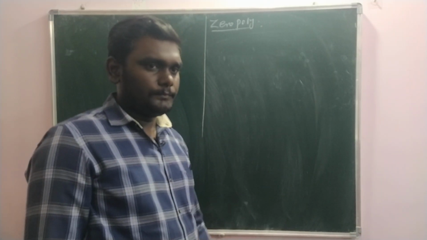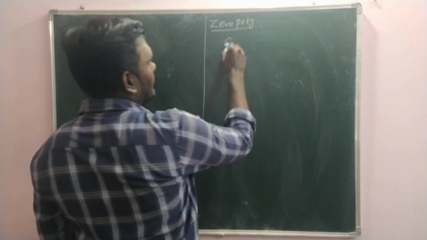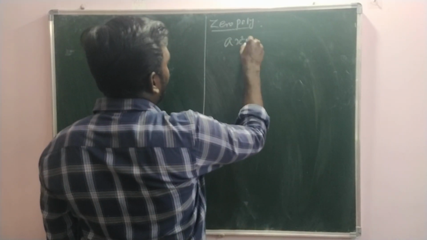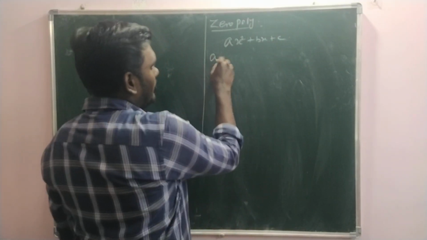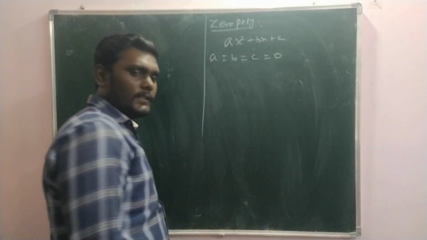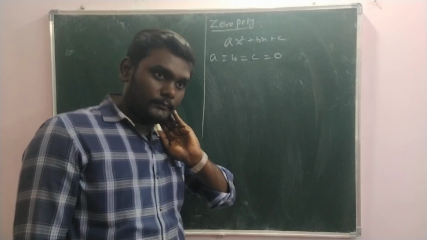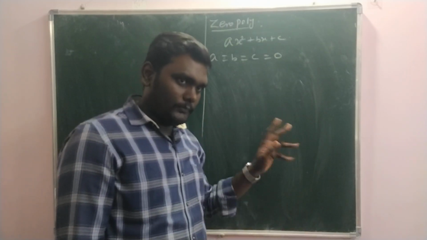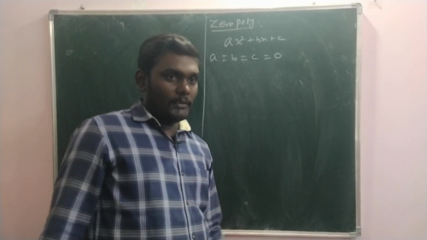You know what is coefficients? For example, you take ax square plus bx plus c. In this, if a is equal to b is equal to c, all the coefficients are equal to 0, then this is called a zero polynomial. Got it? Simply 0. All the coefficients are 0. And 0 of a polynomial is different, zero polynomial is different.